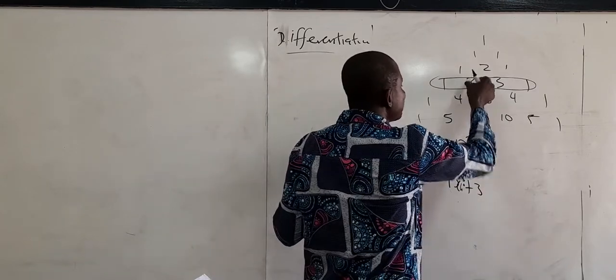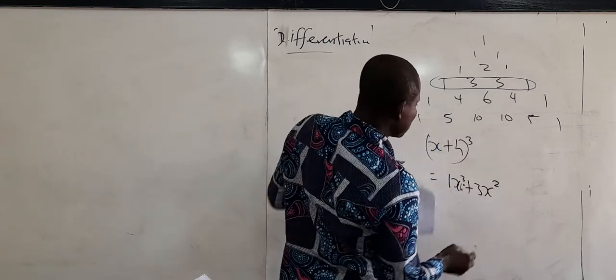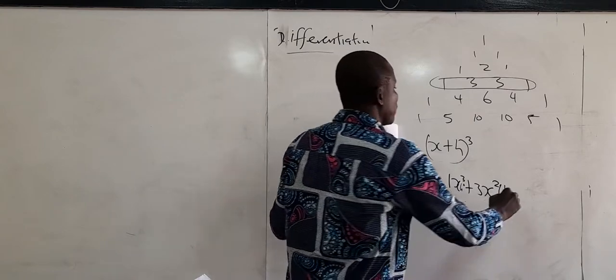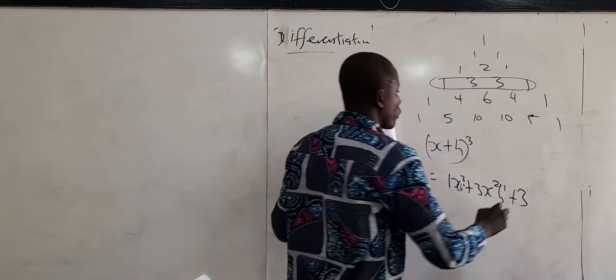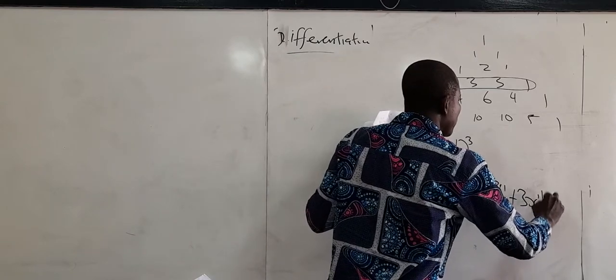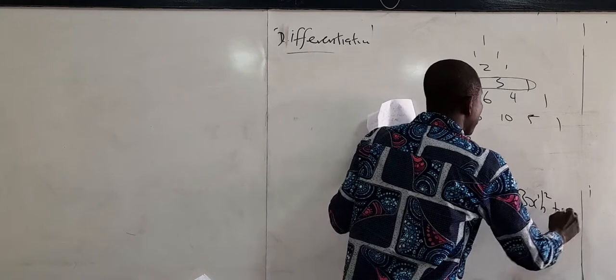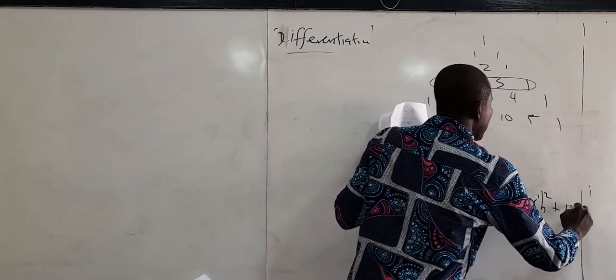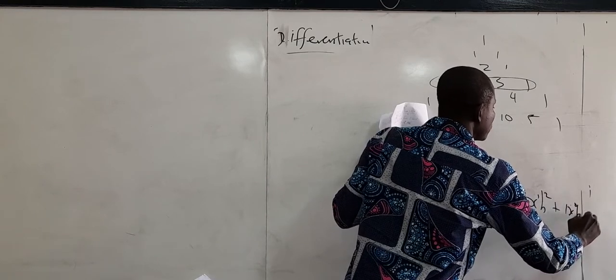So here, I write my 3, x squared, x reducing, then h moves to what? 1. Okay? Still, next one is what? It's 3, x to the 1, h squared. Okay? Then plus 1, x to the 0, h cubed.